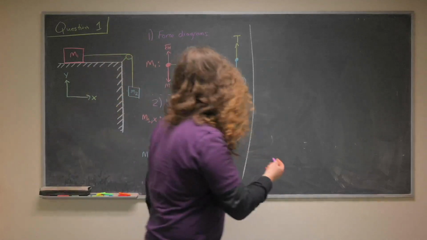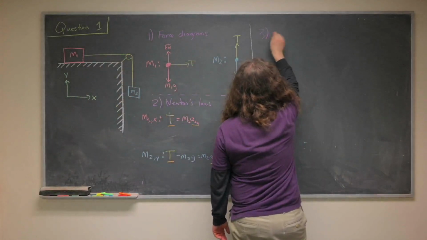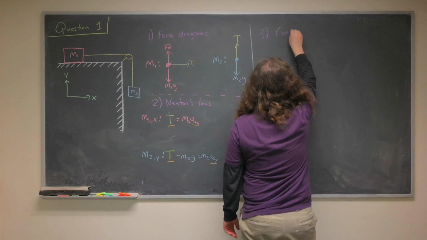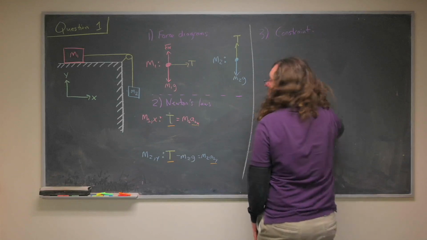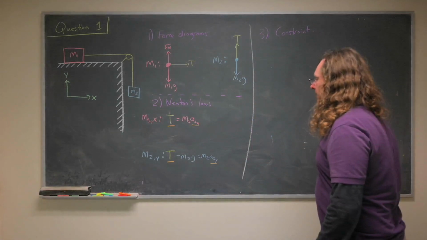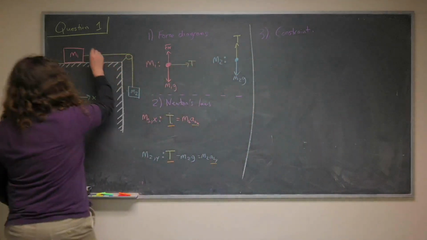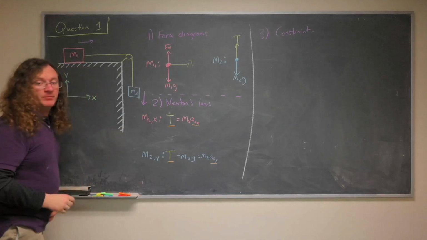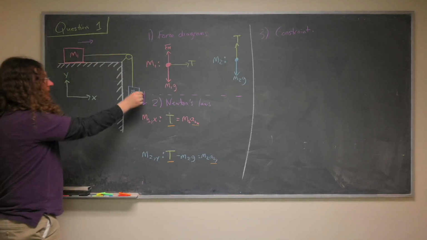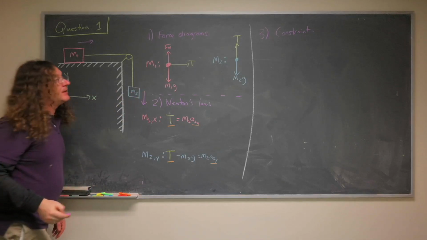So at this point, we have a constraint on those accelerations. We know that this object is going to go that way, and this object is going to go down. So however fast this moves to the right, this must move down at the same rate.